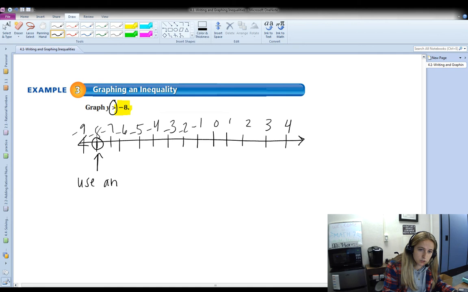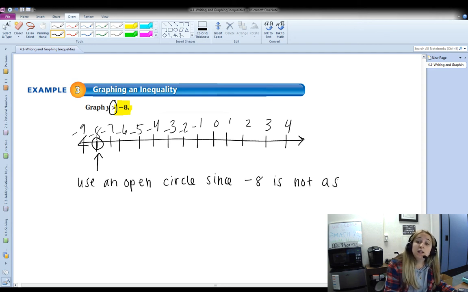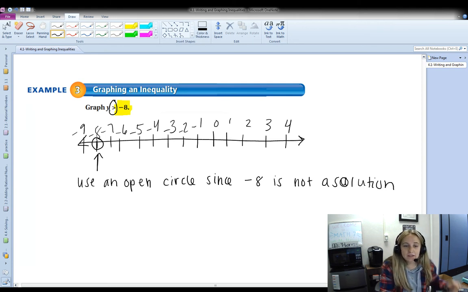So use an open circle since -8 is not a solution. And what that means is, y has to be greater than -8, okay? y can't be equal to -8 because there's no line underneath. So that means -8 is not technically a solution of this inequality.